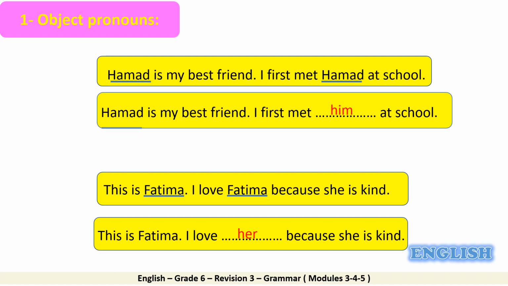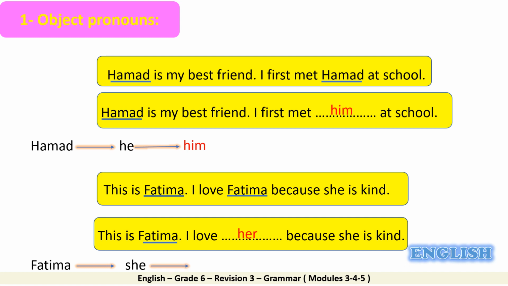So Hamad can be interchanged with subject pronoun he, as it is a subject in the sentence. So he becomes him. In the second sentence, Fatima can be interchangeable with the subject she, and she becomes her.